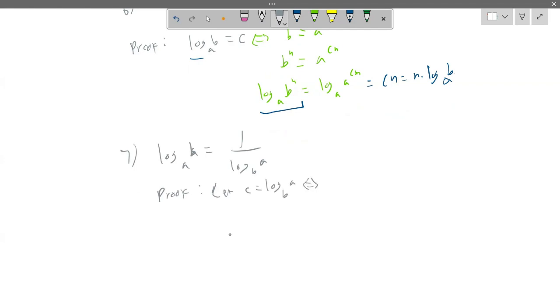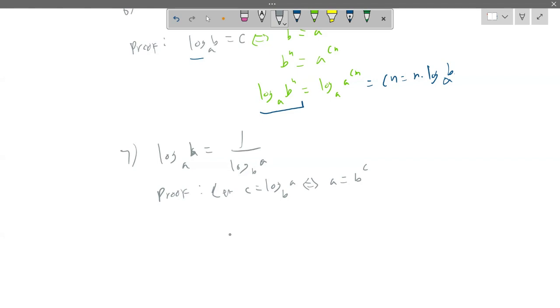Again, this is equivalent to a equals b to the power of c. Now, what if we want to take the logarithm of both sides with respect to b?